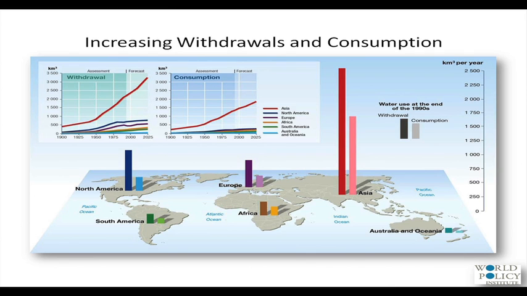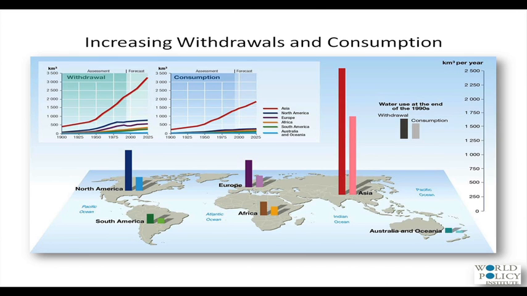So if you look at the increasing withdrawals, at how water is being withdrawn over the last few decades in North America, Europe, and Asia, you see lots and lots of water being taken out.